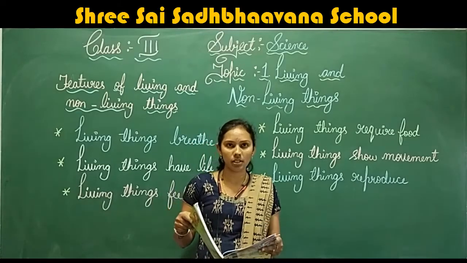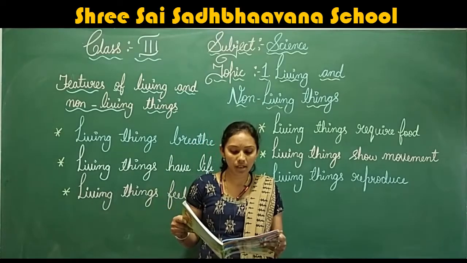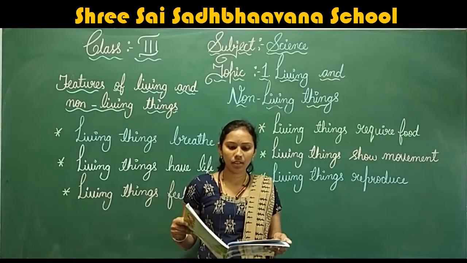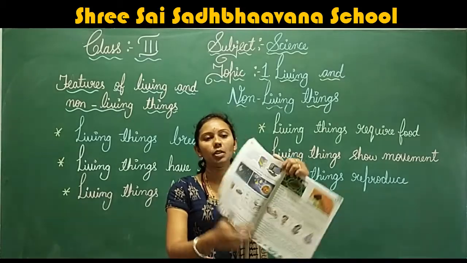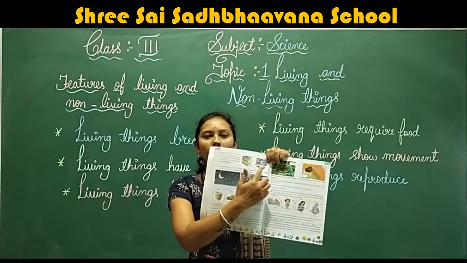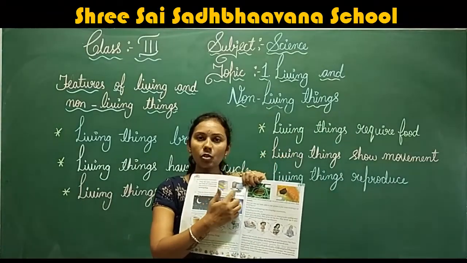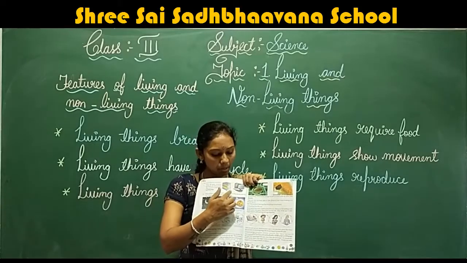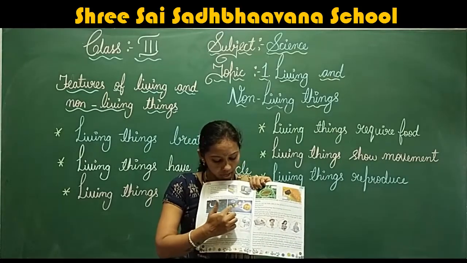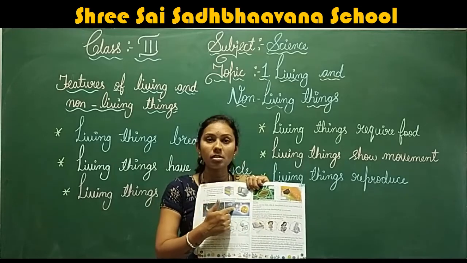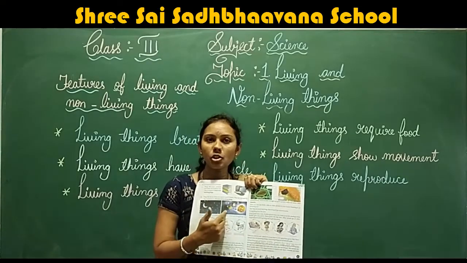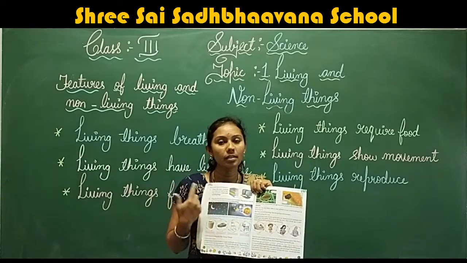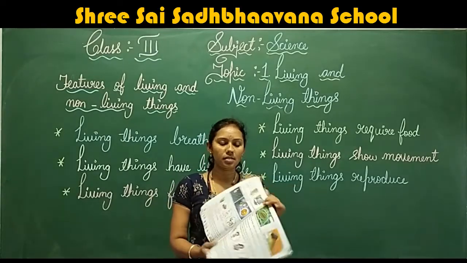You can see the picture in your textbook: sun, moon, and planets. Books and computers, which are made by man, are called man-made non-living things. And sun, moon, stars, and planets are natural, which occur in our nature. So these things are called natural non-living things.